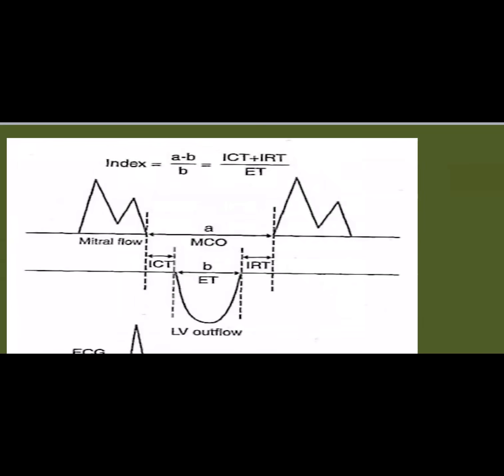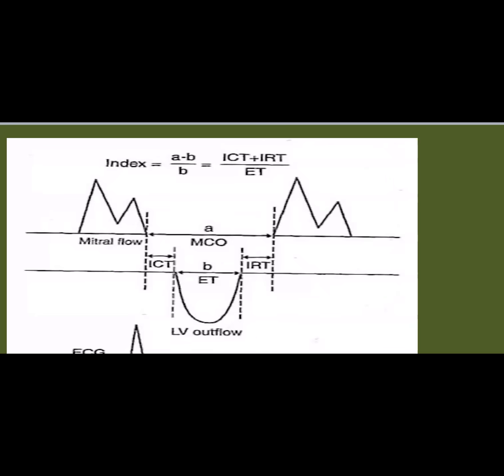So how are you going to obtain this signal? You take your cursor between the mitral valve and the LVOT and keep it in the middle. You put it on PW, or even if you put it on CW, there will be no problem. So you will capture two signals, the mitral flow signal on your right and the LVOT signal on your left.